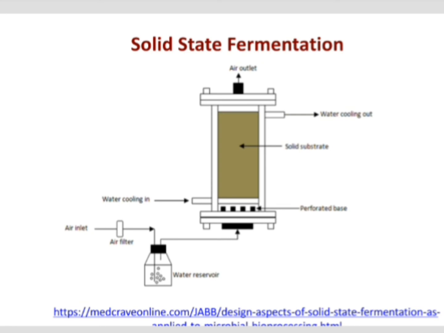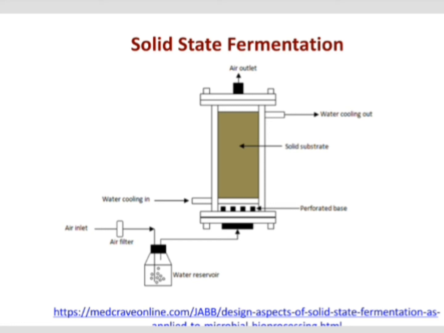And this is the diagram of a solid state fermenter, and it is a simple apparatus. And here a water cooling in and water cooling out is shown, because as we already mentioned, heat generated in this process is very high.